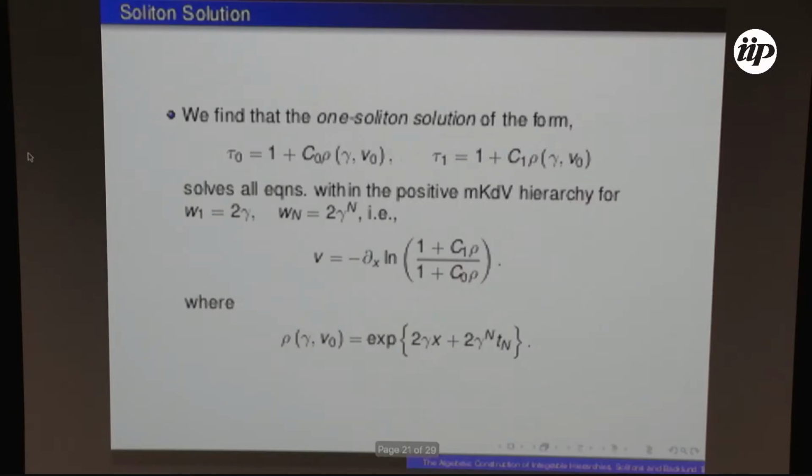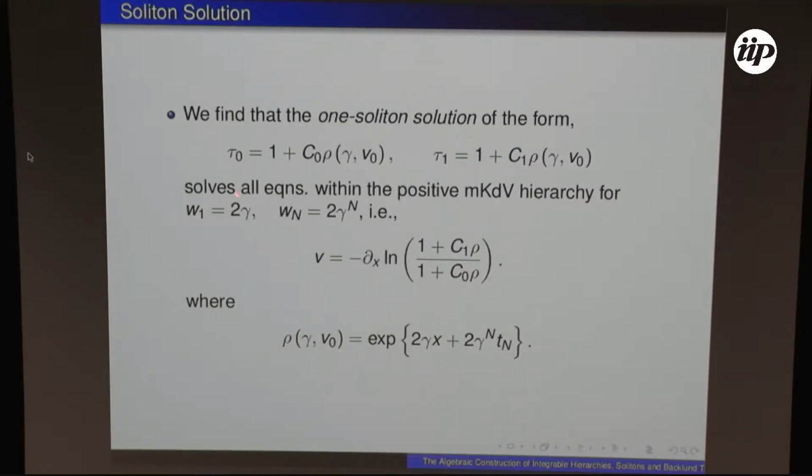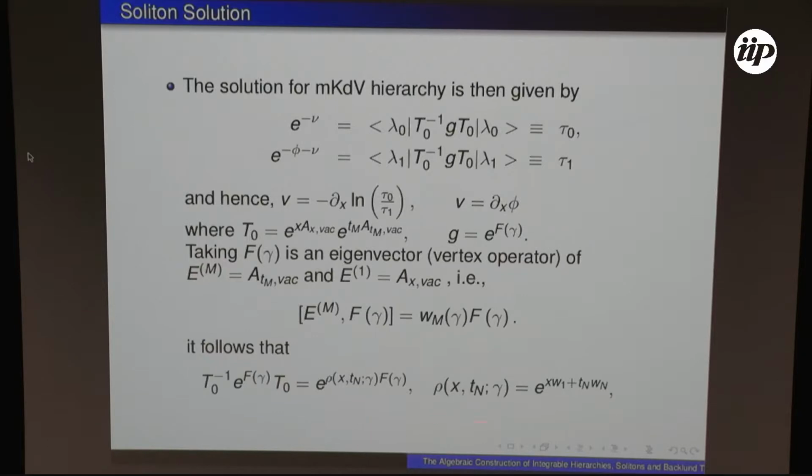Let's go back to our solution. The one soliton solution you can calculate. And okay, I forgot to say that these vertex operators have a property which I didn't write: F square is 0.